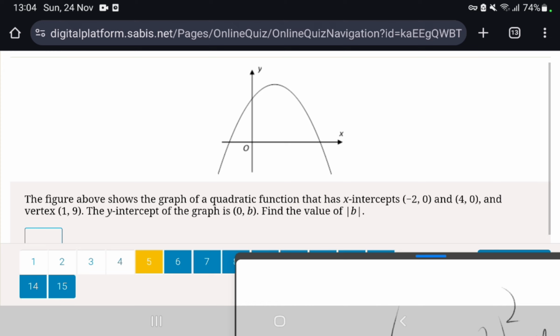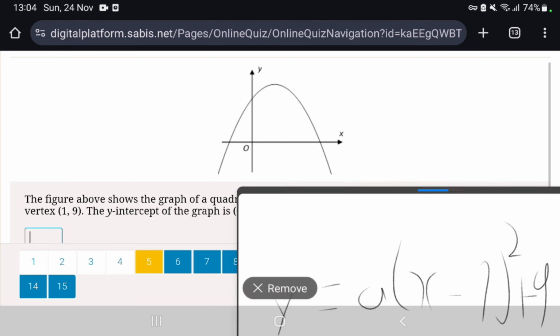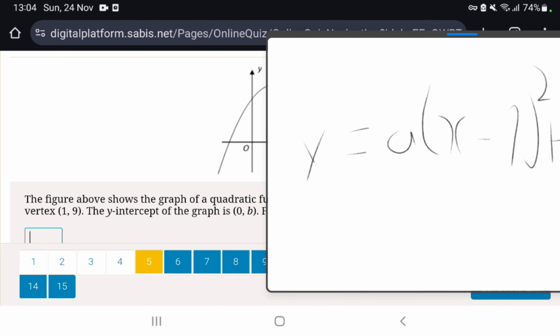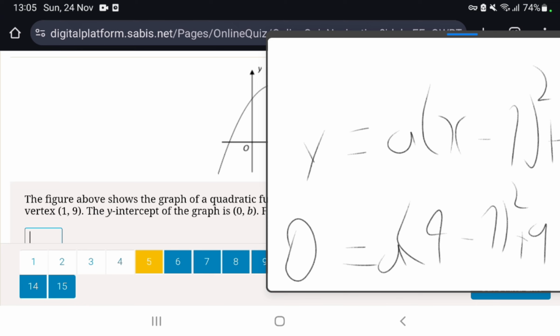We substitute, let's say, 4, 0. We substitute x by 4 and y by 0. So a times 4 minus 1 squared plus 9 equals 0, which will give us a equal to -1.